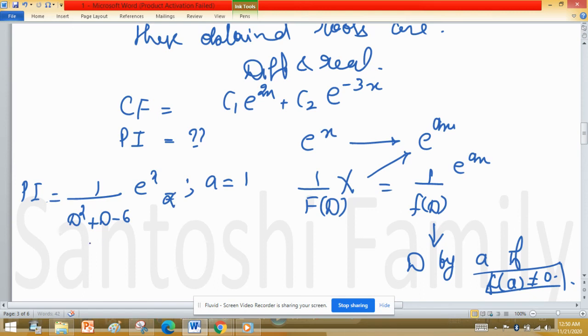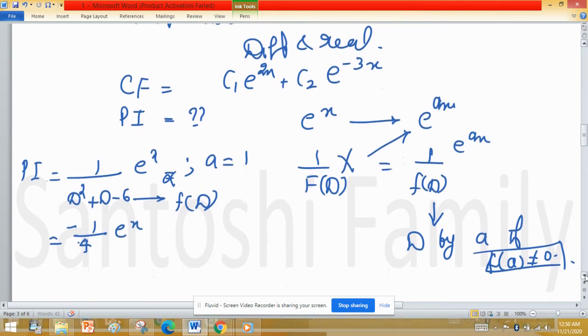So it will equal 1 upon, this is a function of f(D) in the denominator. When we replace D by 1, we get 1 plus 1, 2, minus 6, minus 4, or you can use the minus sign above, e raised to the power x. This is our particular integral.